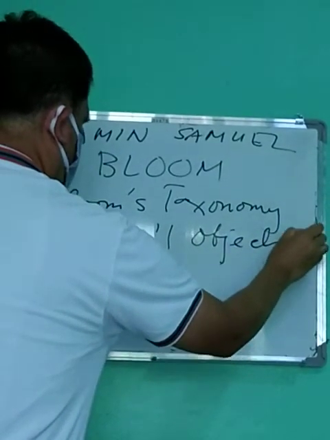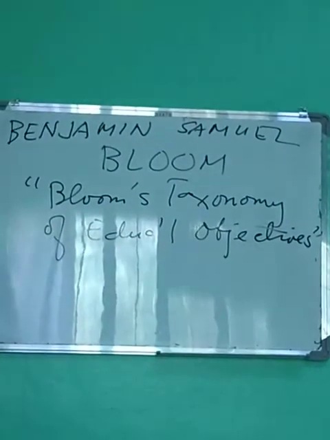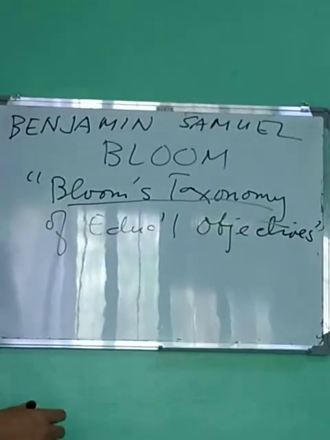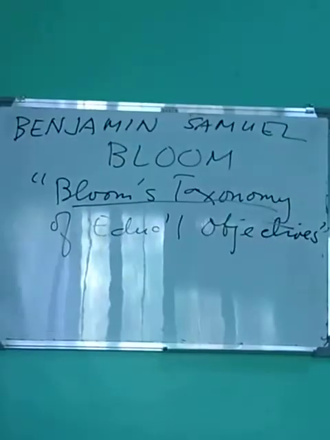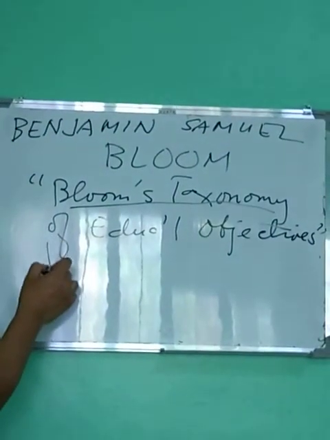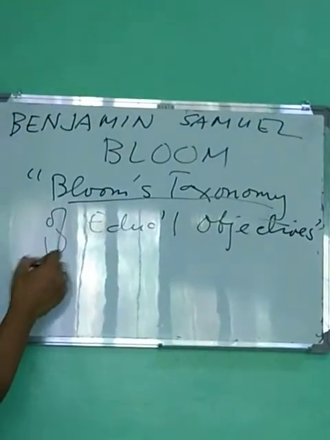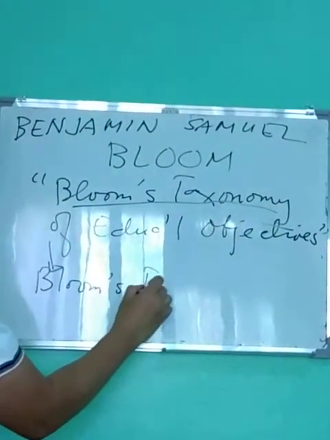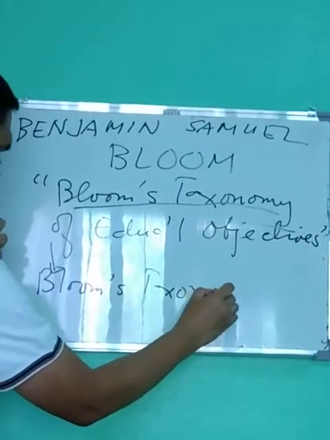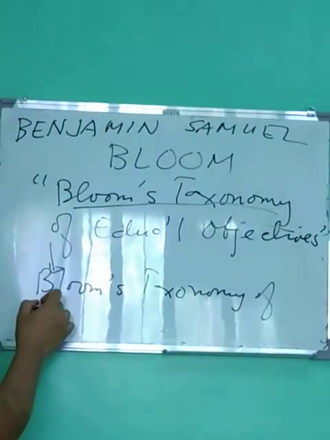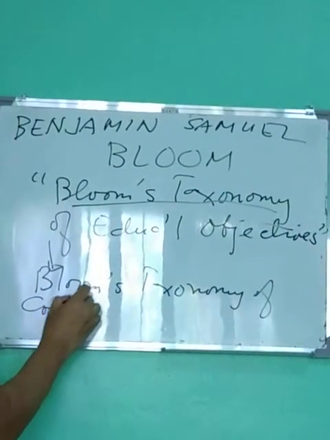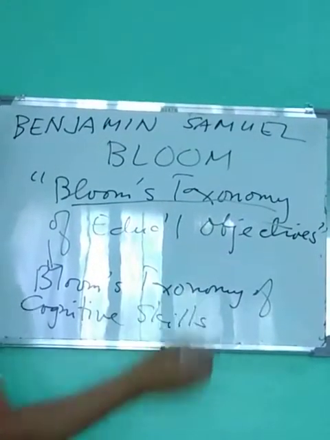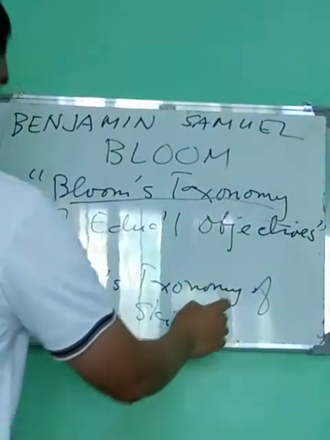To make it clearer, when we refer to the taxonomy, we refer to the classification. These are otherwise known as Bloom's taxonomy of cognitive skills. We focus on the cognitive aspect: cognitive skills required for learning.